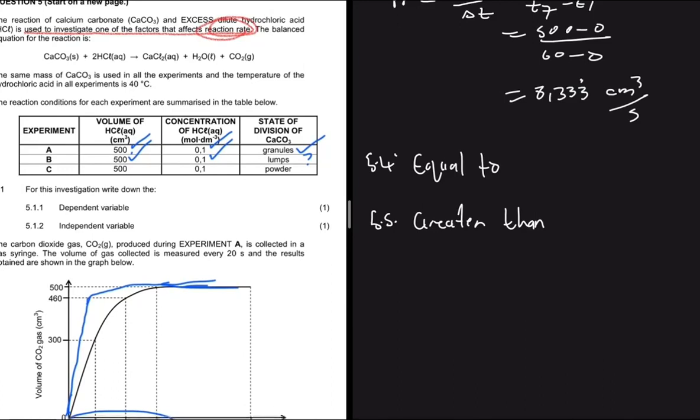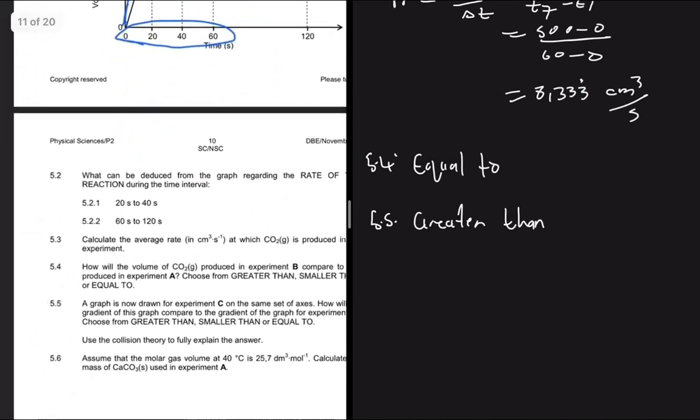So basically, in experiment C, there is more surface area. As a result of more surface area, we have more particles that are exposed, and then we'll have more effective collisions per unit time, and as a consequence, the reaction rate will increase, right?